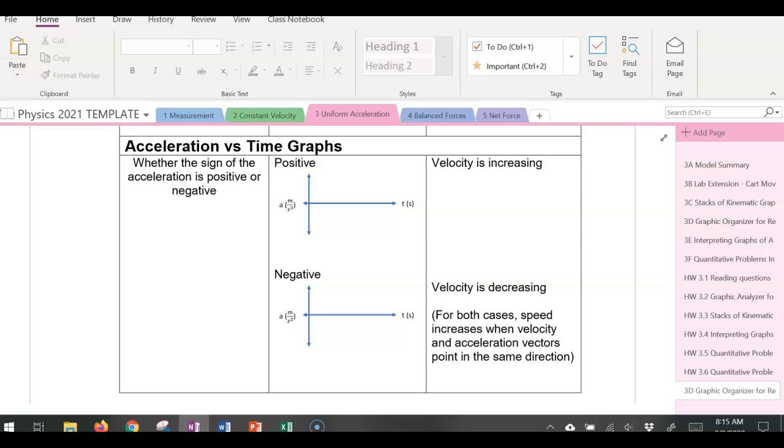In the real world, acceleration can change, of course, but we are looking at situations where acceleration is constant. And so if you have a value of acceleration that is positive, it'll look like a horizontal line at some positive value, and that tells you that the velocity is increasing, okay? And if you have a value of acceleration that is negative, that means that the velocity is decreasing.